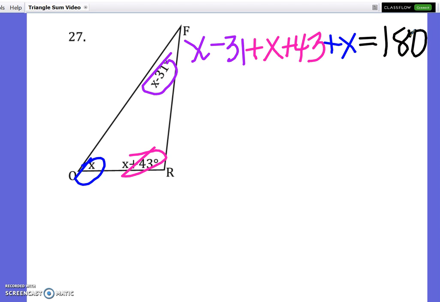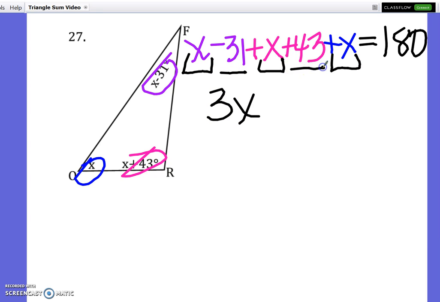Okay, so now all I need to do is combine my like terms. So I have an x plus an x plus an x. That's 3 x's. And then I have negative 31 plus 43. So if I do negative 31 plus 43, then I know I'll get 12, and that has to equal 180.